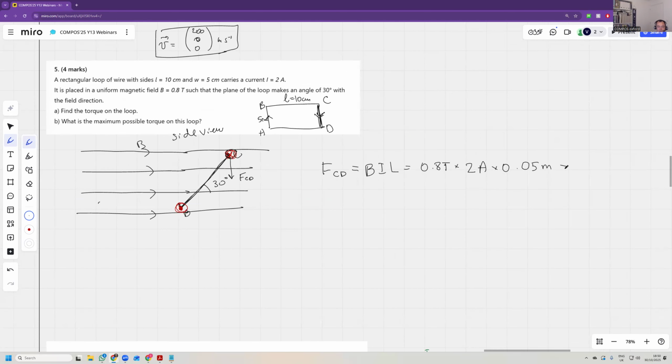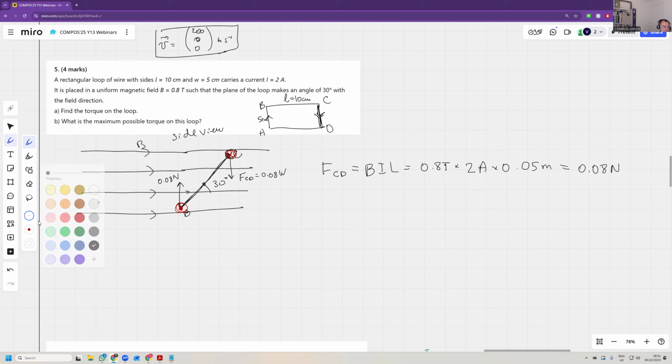So 0.8 times 2 times 0.05. So 0.08 newtons. That's the force. Similarly, this force is also 0.08 newtons.